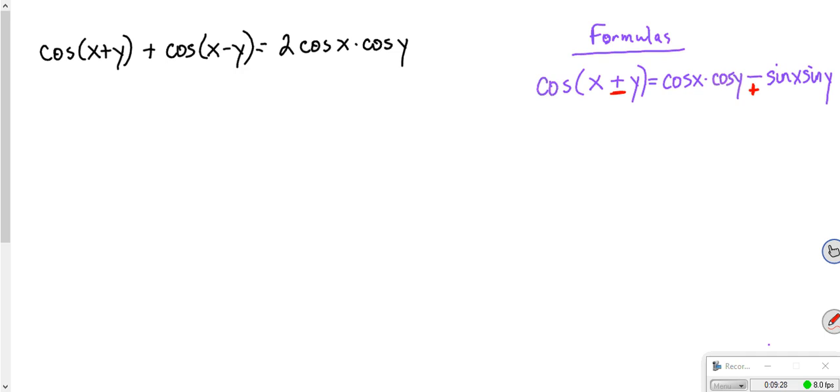So let's use that then for the left-hand side. I'm going to put this one in red, and I'm going to put this one in blue when I expand it. So first, my sum.